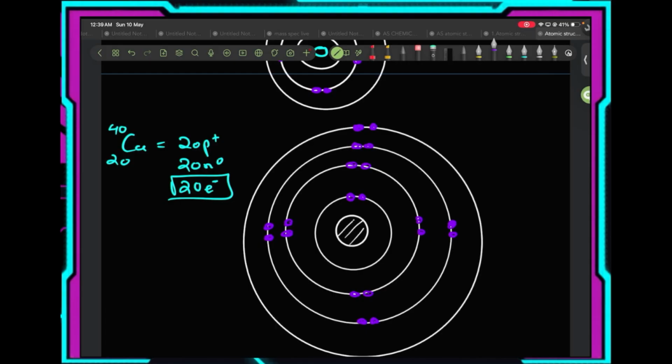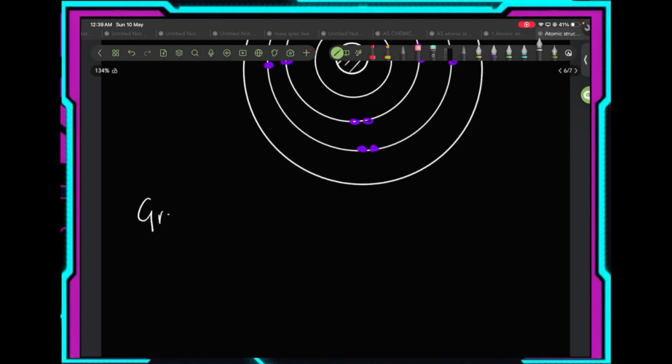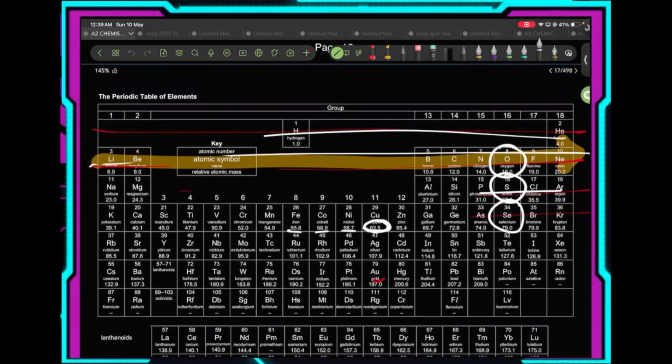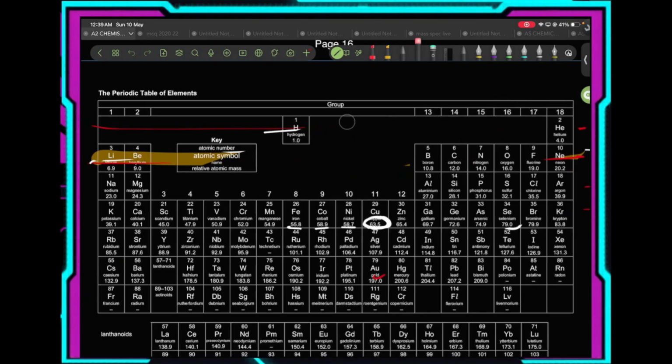Now you need to memorize two facts. From this electronic configuration, you can find out the group number of the element, and you can also find out the period number. Let me just explain what the period number means and what the group number means. In the periodic table, the elements are arranged into vertical columns, as you can see, and horizontal rows too.